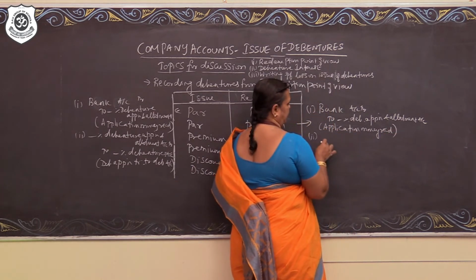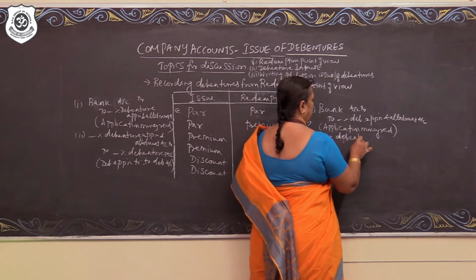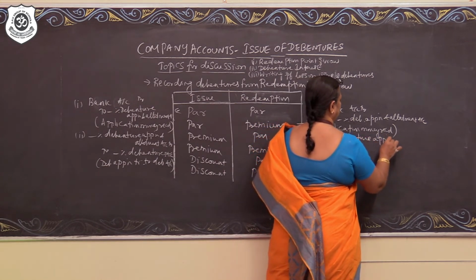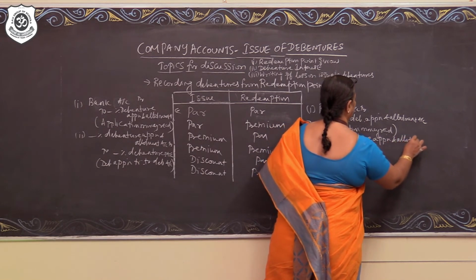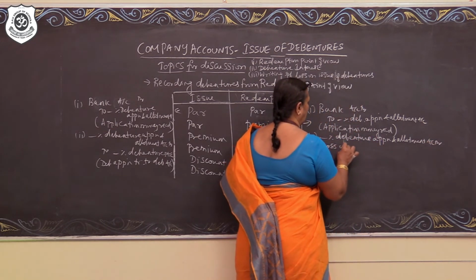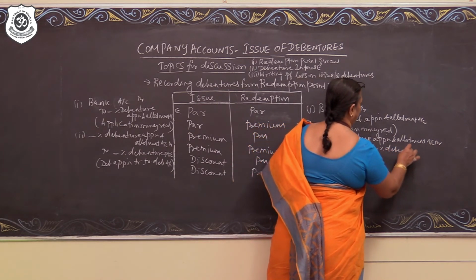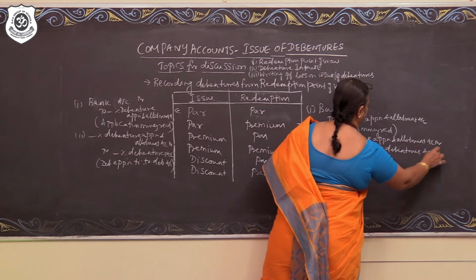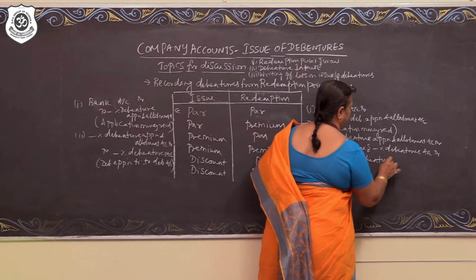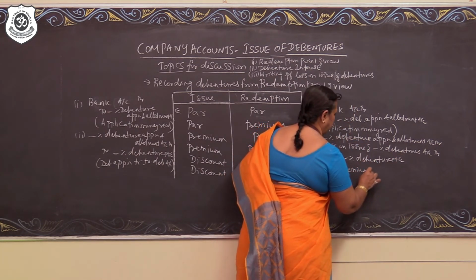And the second entry will be -% debenture application and allotment account debit, loss on issue of -% debentures account debit, to -% debentures account, to premium on redemption of debentures account.